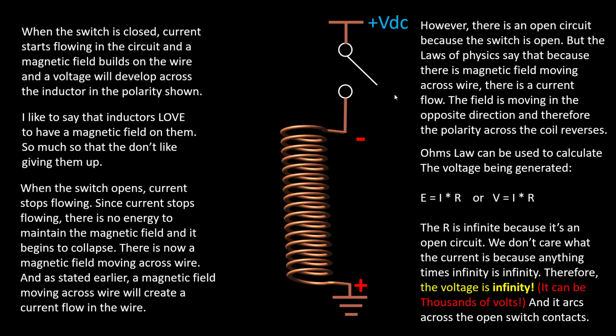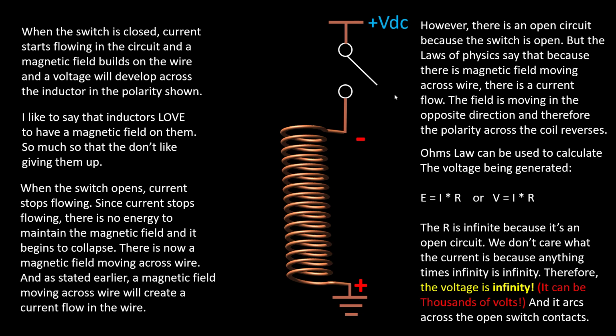If it's a relay contact, you may have to clean the carbon off of it from time to time. Switches are self-wiping usually, so they really don't need a lot of cleaning or maintenance. However, eventually that switch is going to fail just from getting hit by that high voltage.